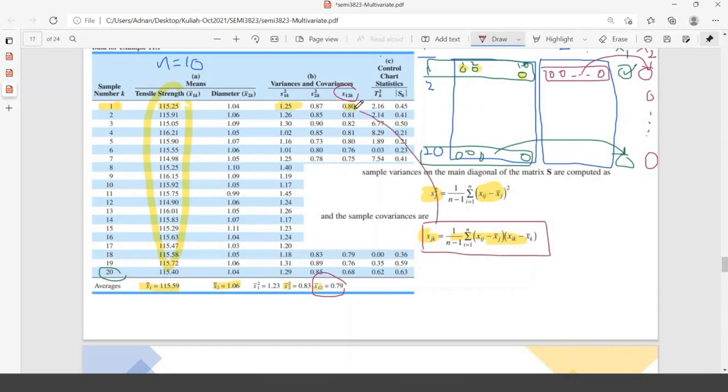We get it from the individual values: 1 over n minus 1, in our case 10 minus 1, which is 9, times the summation of X, which is the raw data, the individual data that we have. For example, we have data here, 10 data, right? We have 10 data.